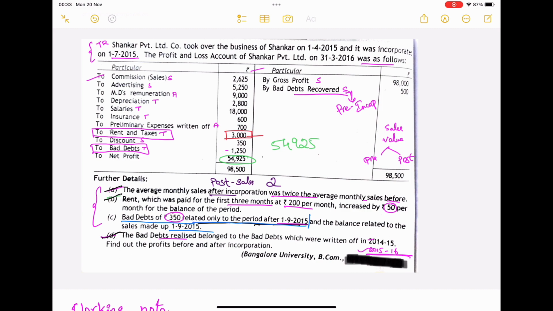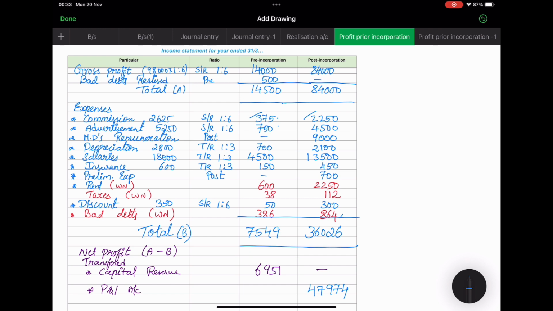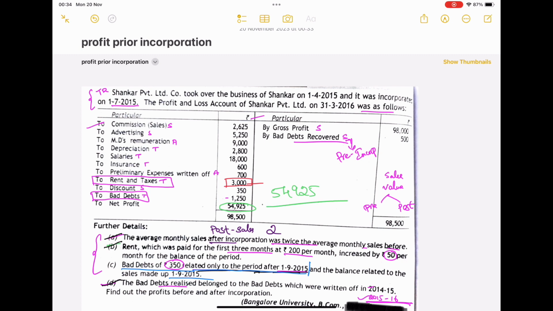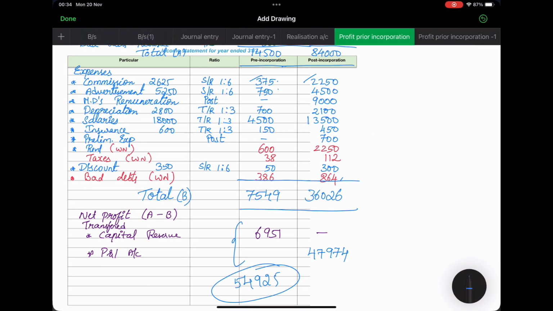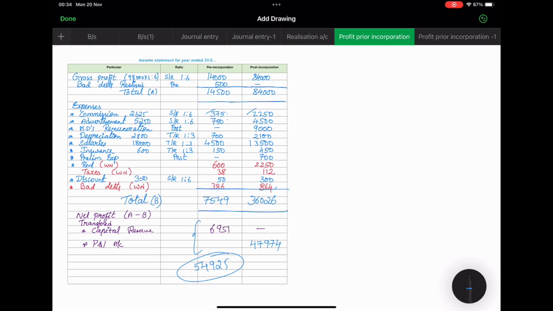So if you calculate how much profit we are having, 6,951 plus 47,974, if you add both values, you will be getting 54,925. This net profit is the same. So here our solution is correct. We have not missed any of the adjustments. Got it? This is the solution for this question.